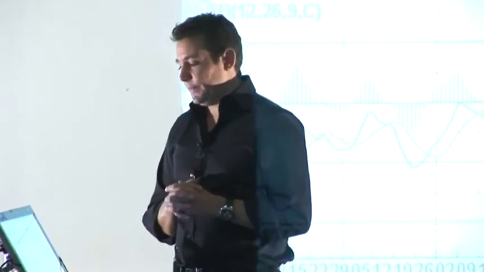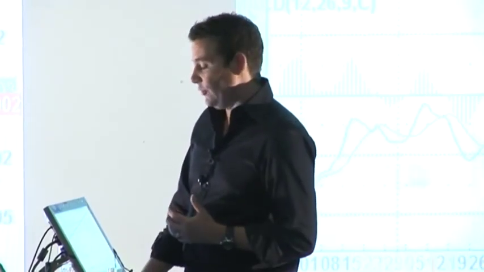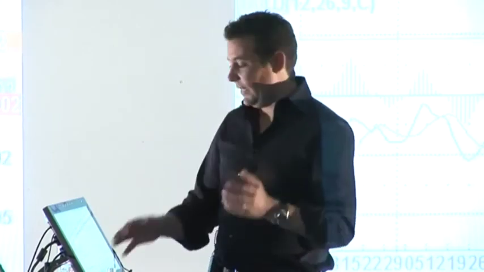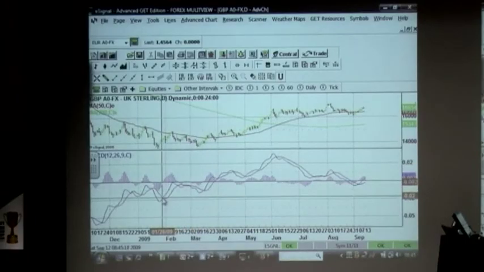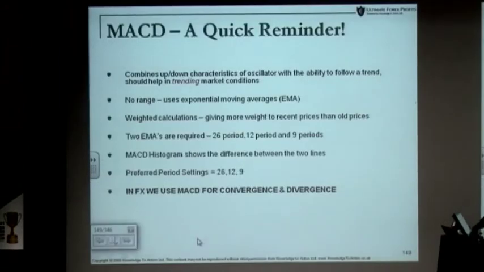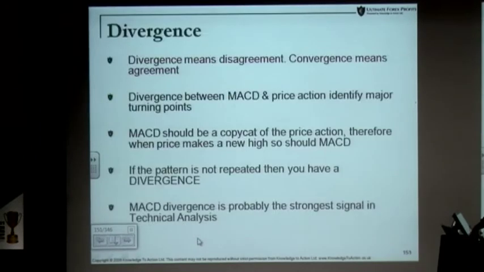The way we use it in the currency world is we look at the trend of the actual MACD itself. So rather than these crossings of lines that I'm looking at here, we don't do that in the Forex world. Let's look at how we use it in the Forex world, because this is good. Now, divergence means disagreement.